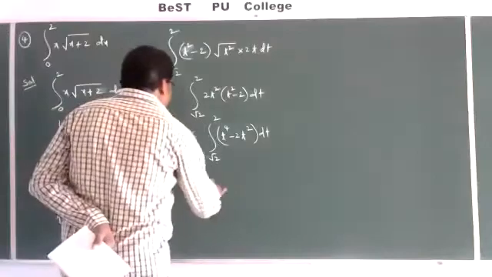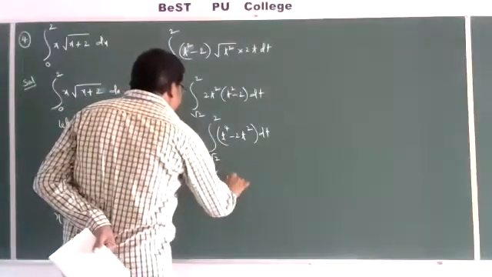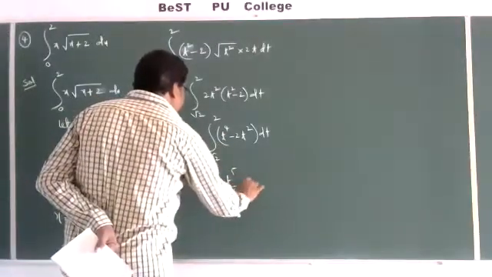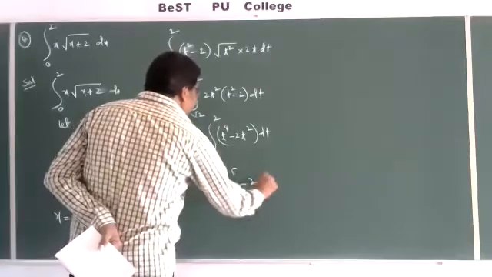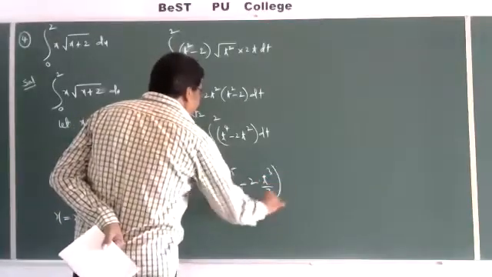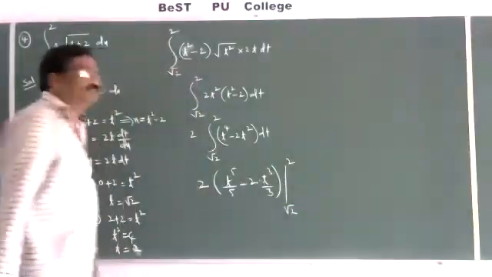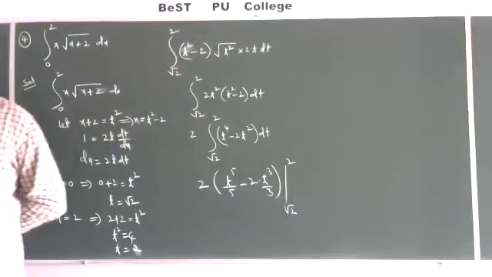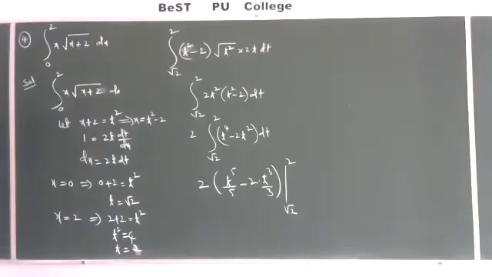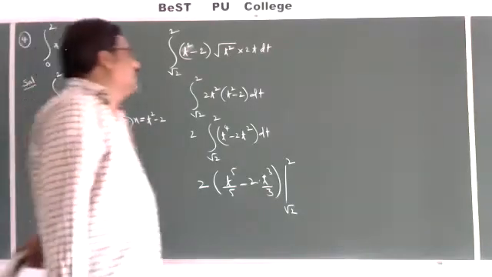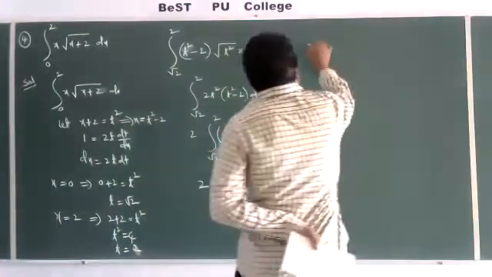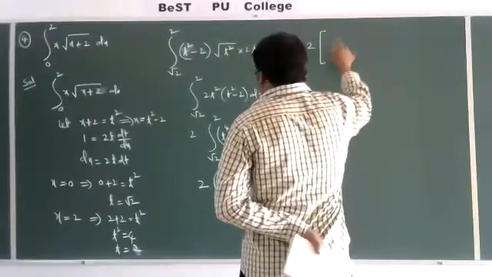That is, integration of t to the power of 4 is t to the power of 5 by 5, minus 2 into integration of t square is t cube by 3, from the limits root 2 to 2. Then substitute the upper limit minus lower limit here. 2 is a constant, right, outside.